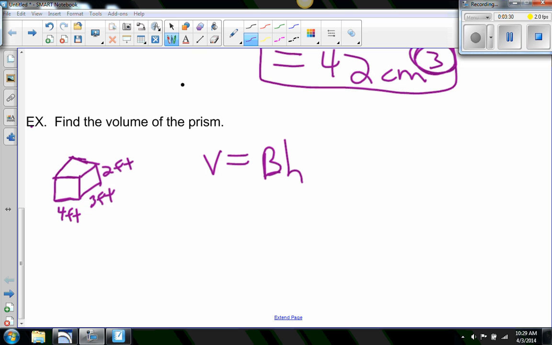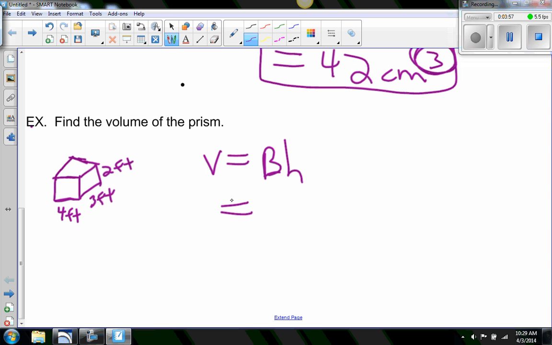So then next we're going to do the volume of this prism, and it is a rectangular prism. How do you know it's rectangular? Because it's a 4x2 right here, right? They're all rectangles. This is 3x2, 4x2, and the top would be 4x3. So there's all different sizes, but that doesn't really matter.